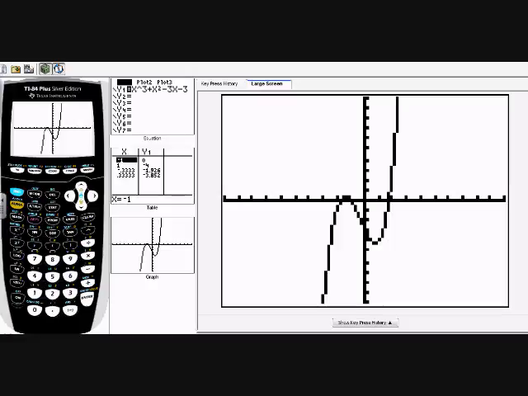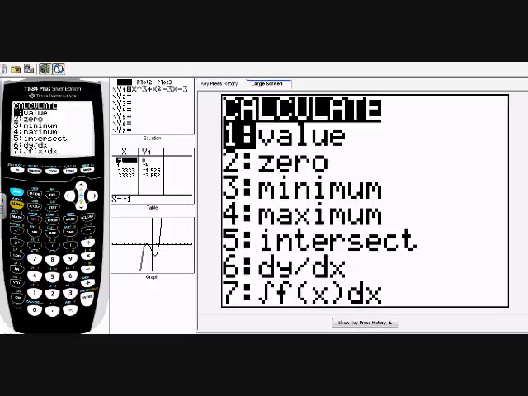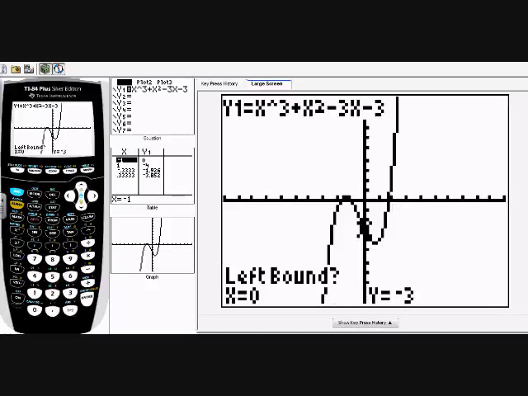Let's see if it finds the root this way. I can use my calculator to test out that -1. I'll do second calc, the zero. Left bound, get to the left of that point.